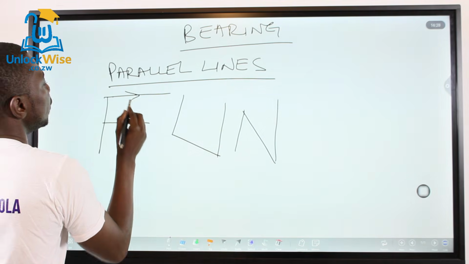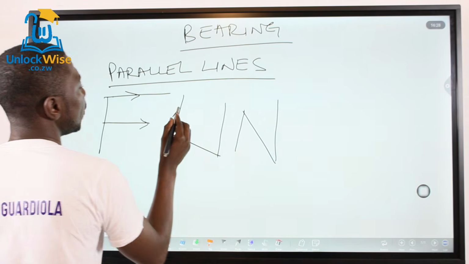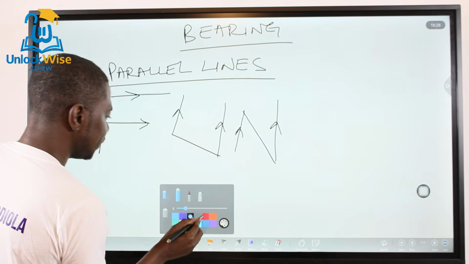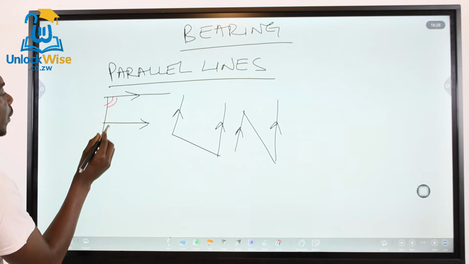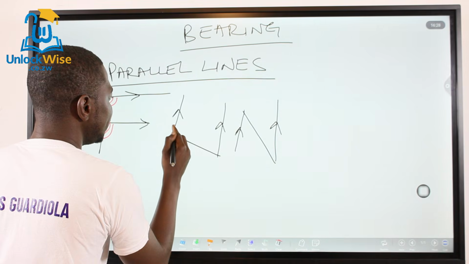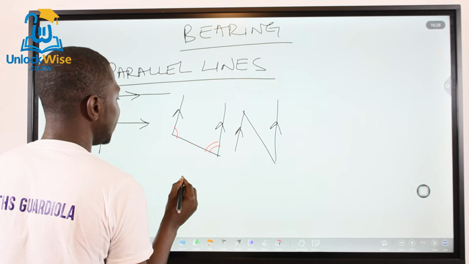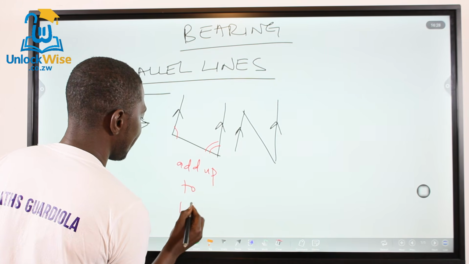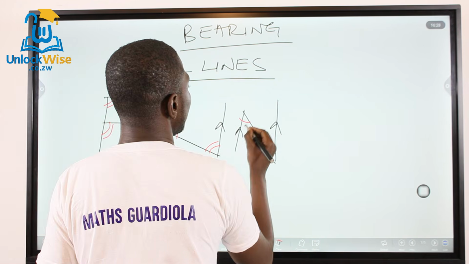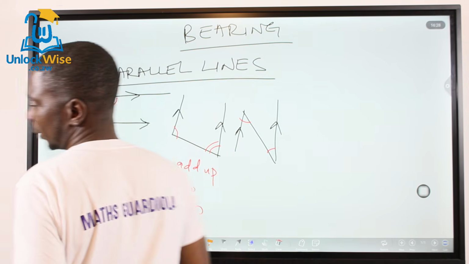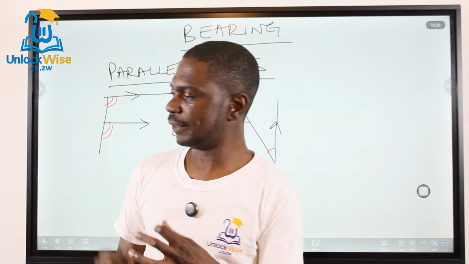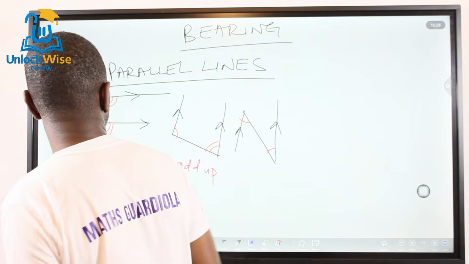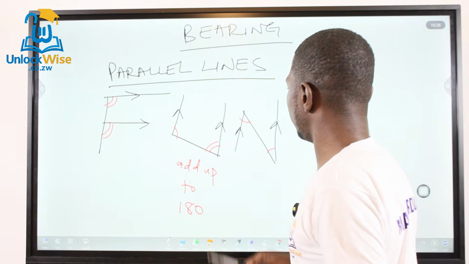If this one and this one are parallel, and this one and this one are parallel, it means that this angle is equal to this angle. And this angle and this angle add up to 180. And this angle and this angle are equal. Right. These are corresponding angles, co-interior angles, or allied angles, and we also have alternate angles.